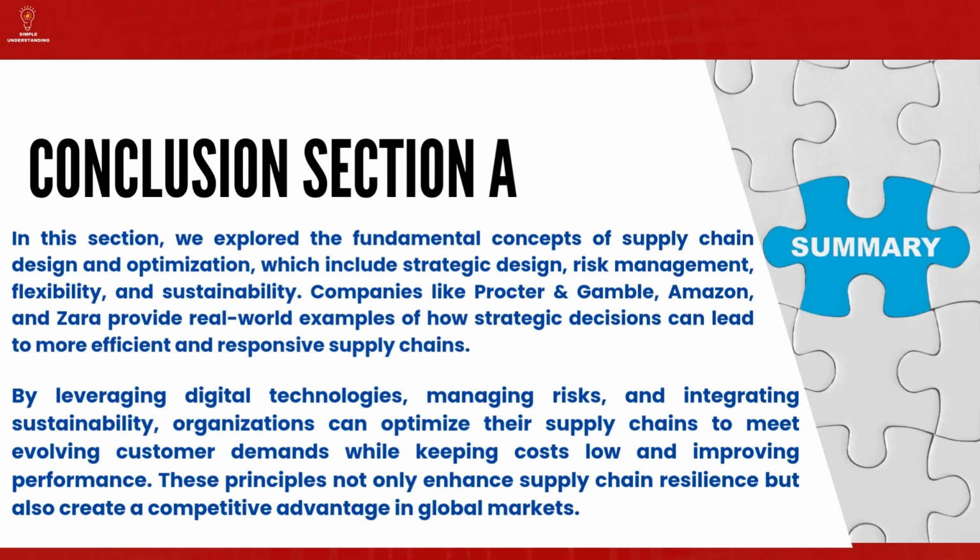By leveraging digital technologies, managing risks, and integrating sustainability, organizations can optimize their supply chains to meet evolving customer demands while keeping costs low and improving performance. These principles not only enhance supply chain resilience, but also create a competitive advantage in global markets.